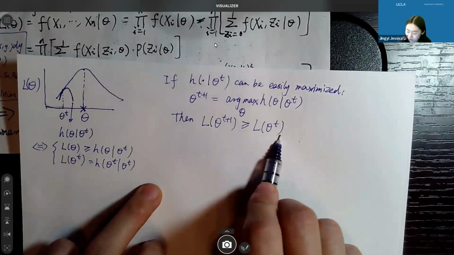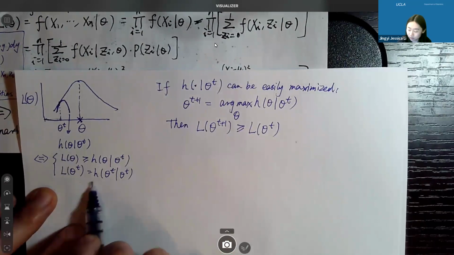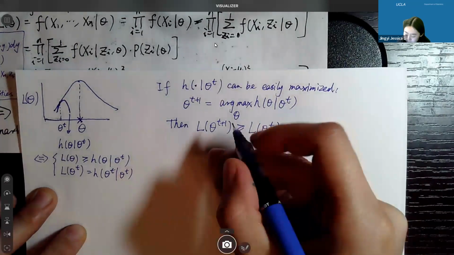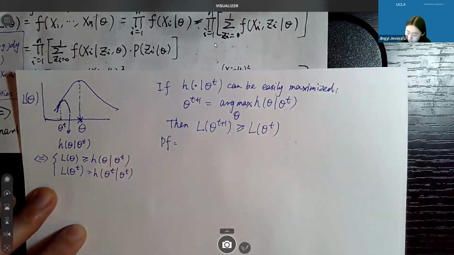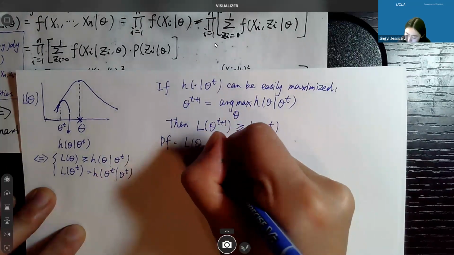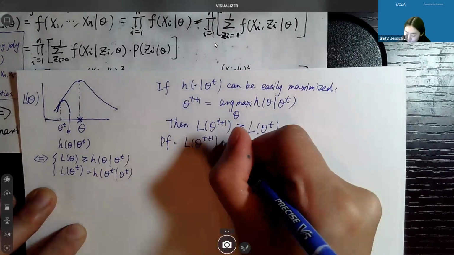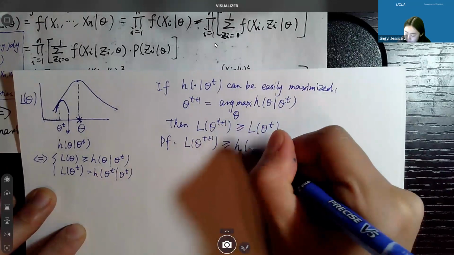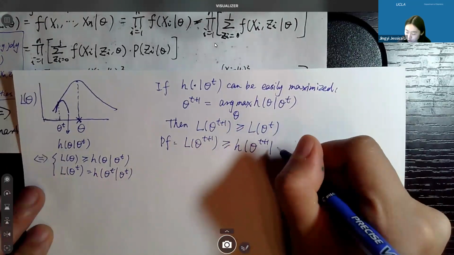So how can we derive this? The key is this tangency. We need this, otherwise it cannot go through. So basically, the proof for this statement is just one line. Because of the dominance at this new value, theta t plus 1, L should be greater or equal than h. This is by the nature of dominance, that h is a lower bound.